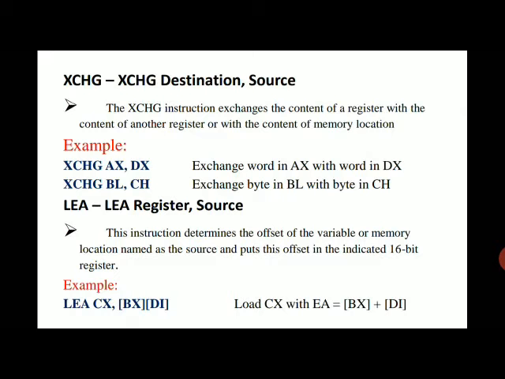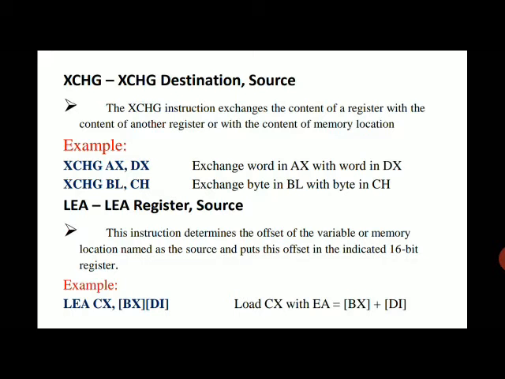And then the next instruction is LEA. What is LEA means? Load effective address. Its syntax is represented as LEA register, source. This instruction determines the offset of the variable or memory location named as a source and puts this offset in the indicated 16-bit register.